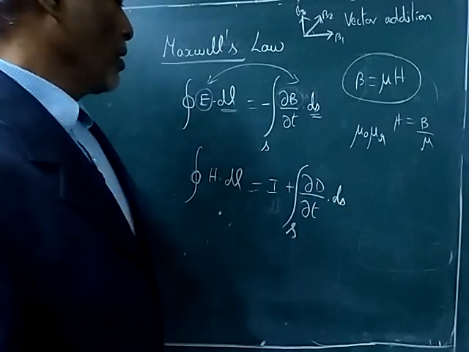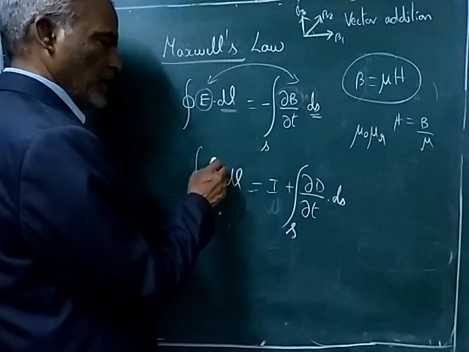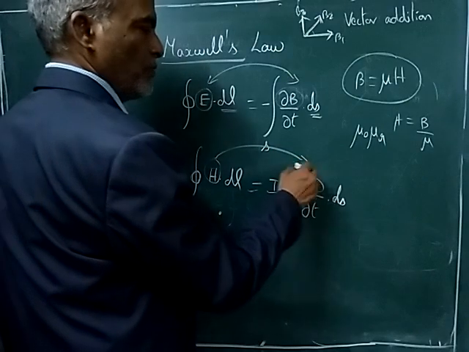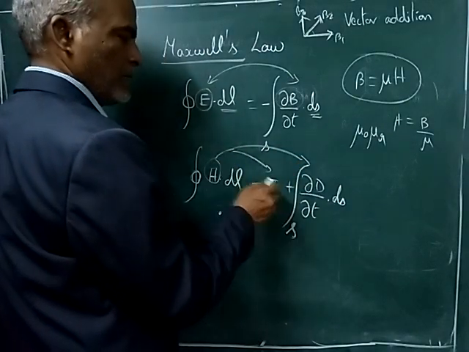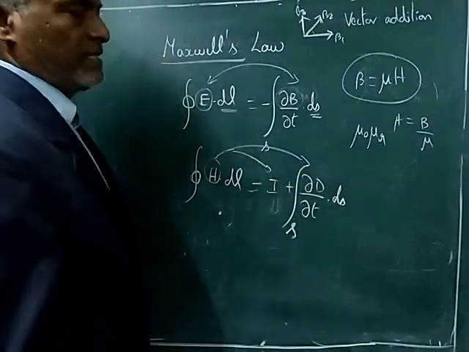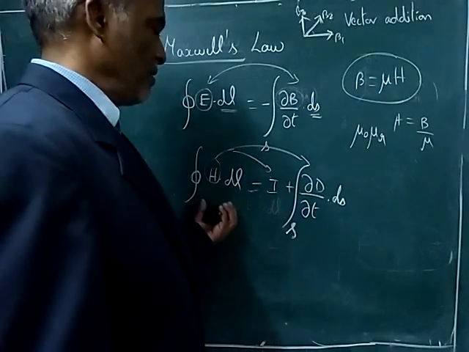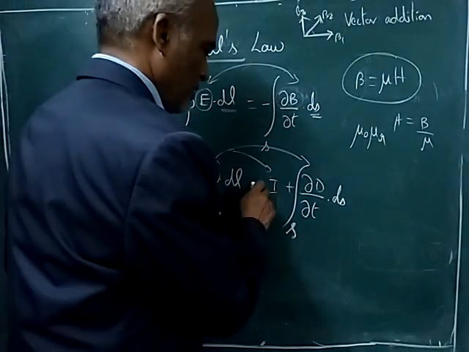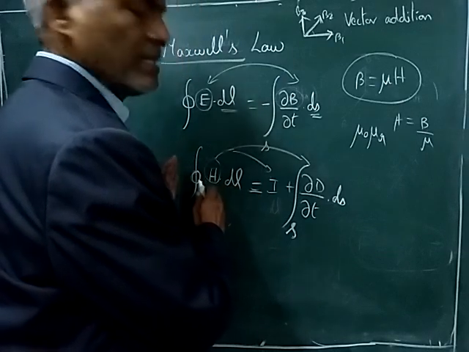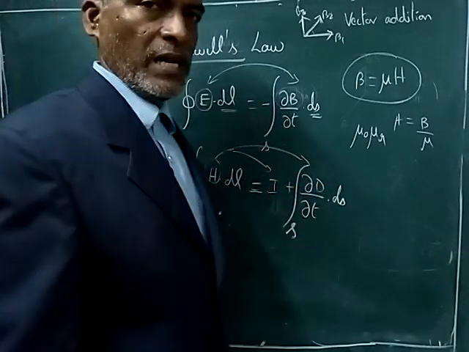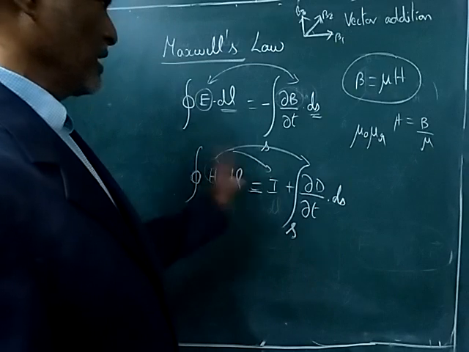Now if you carefully see, this is magnetic field H and relates to current and electric flux. That means magnetic field is expressed in terms of current and electric flux density. You have an interconnection.